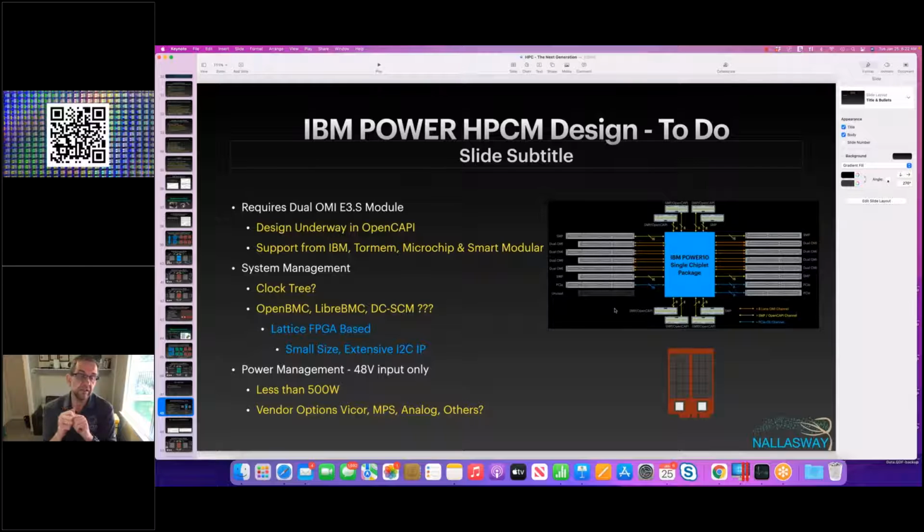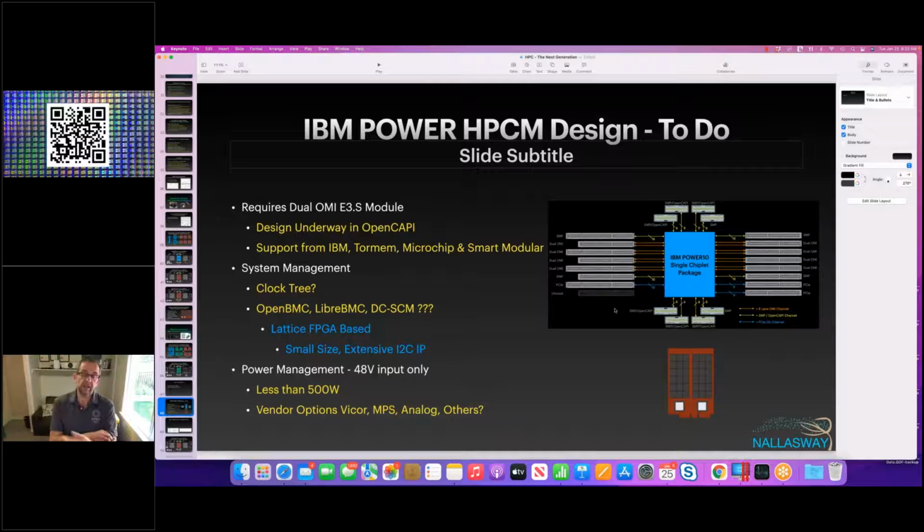They do the really tiny devices that we need on this board, and they have extensive I2C IP, and we've got lots of I2C buses. We've got at least one bus for every single one of these connectors, and they have a lot of bus aggregation IP in their devices. So at the moment, I'm favoring that approach versus the Xilinx approach. But that's up for debate if people don't think that's the right way to go.